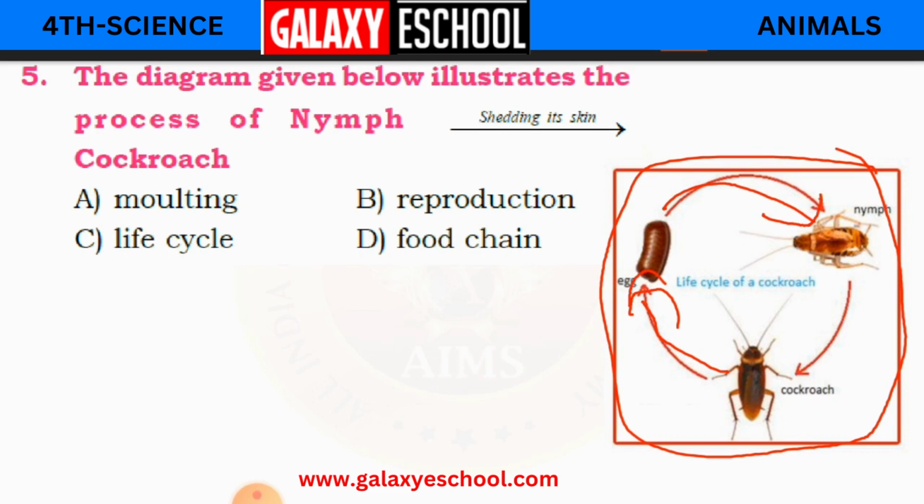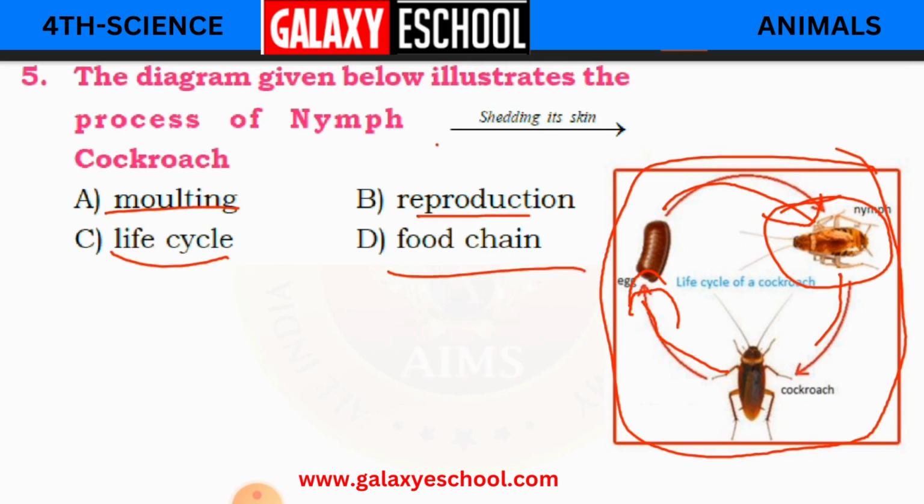To become an adult, this nymph has to shed its skin several times. So this process is called what? Whether it is called molting, reproduction, life cycle, or food chain.